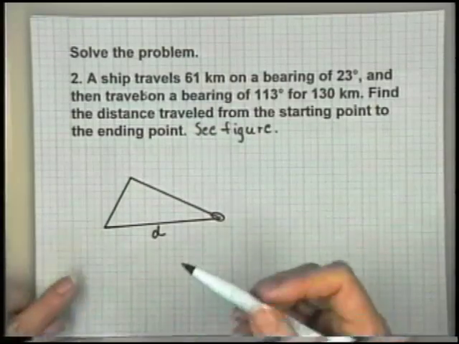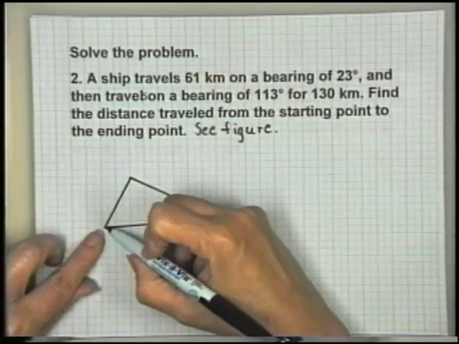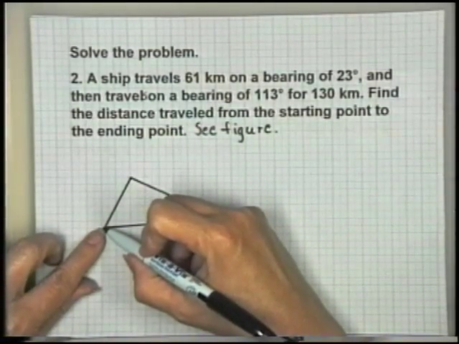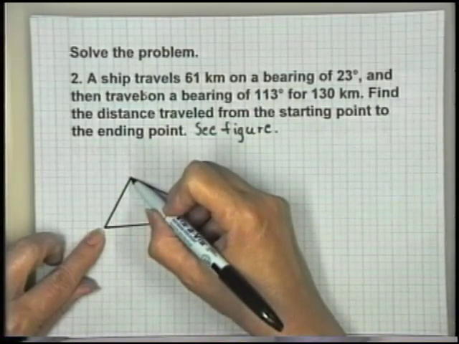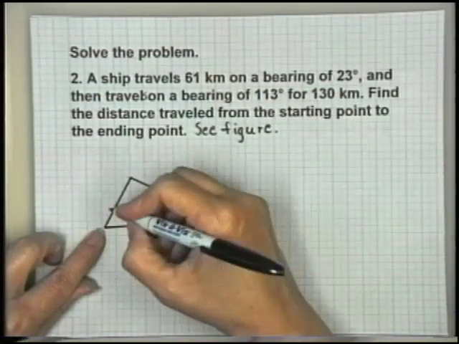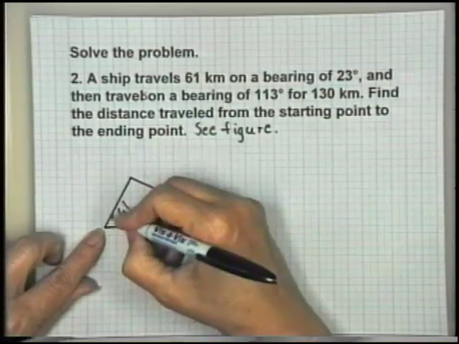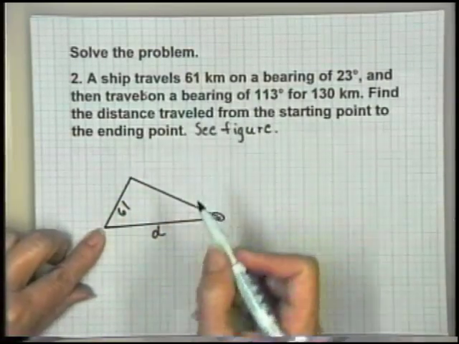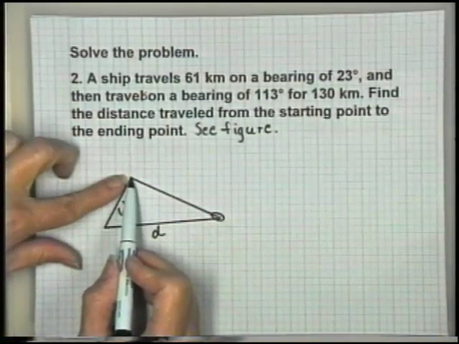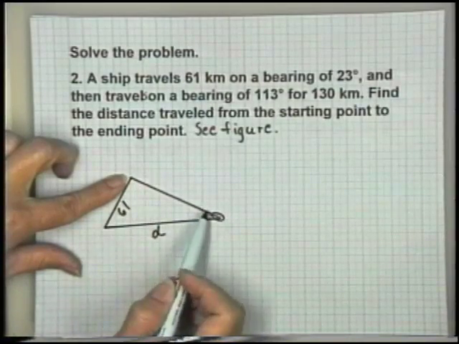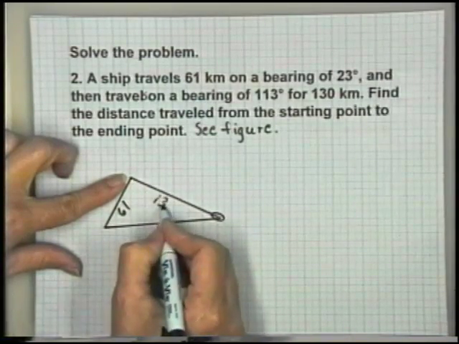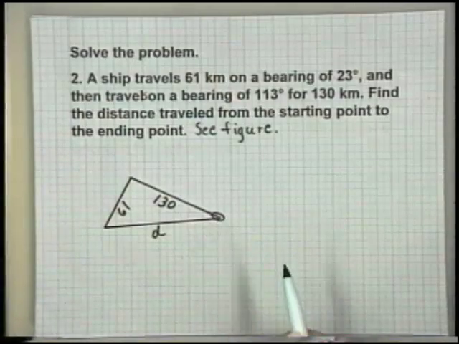And what we know in this problem is that it first traveled on a bearing of 23 degrees, and the distance it traveled was 61 kilometers. So I'm going to label this as 61 kilometers. And then when it changed bearings, it traveled 130 kilometers.